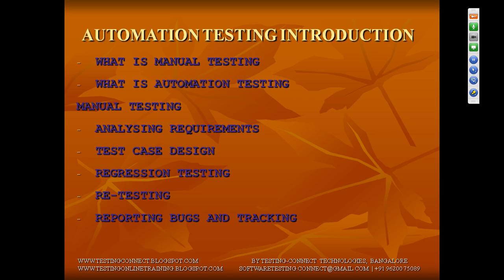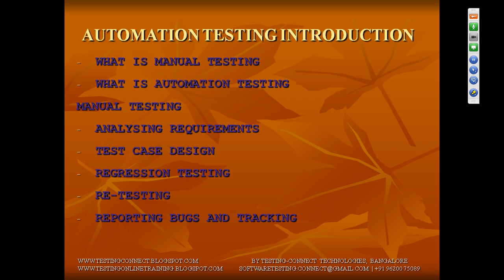Along with this, there are weekly status reports, daily status reports, conference calls, and meetings. These are all the different roles you will be playing if you are into manual testing. So the major role would be regression testing.